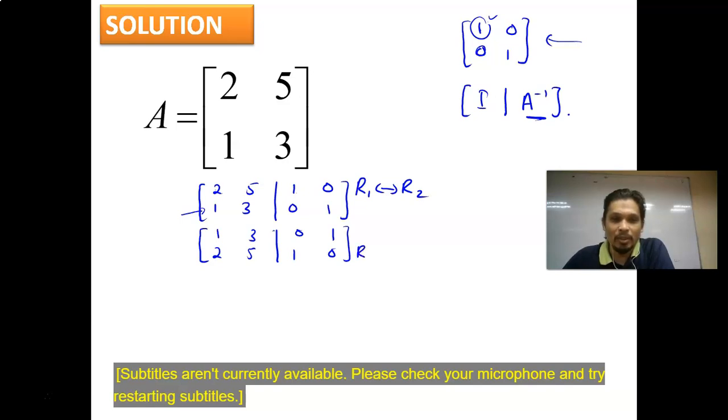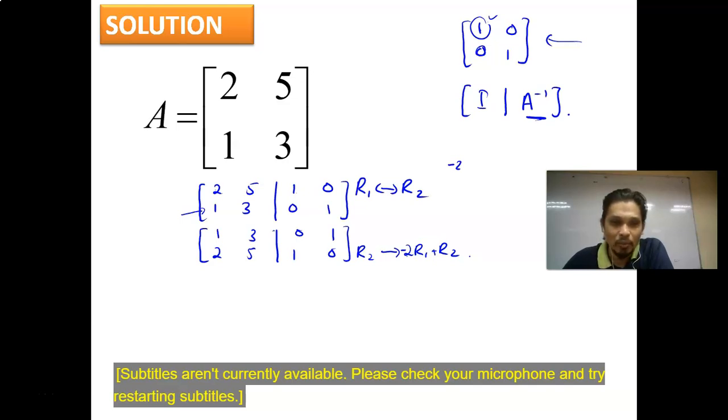So we come up with a new row 2 that we're going to get after this, referring to the instruction negative 2R1 plus R2. Negative 2, and then R1. What is the element of the current R1, the latest one?